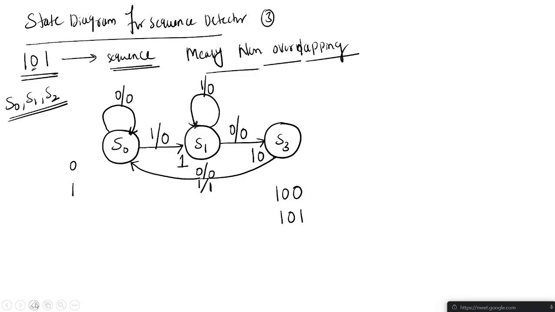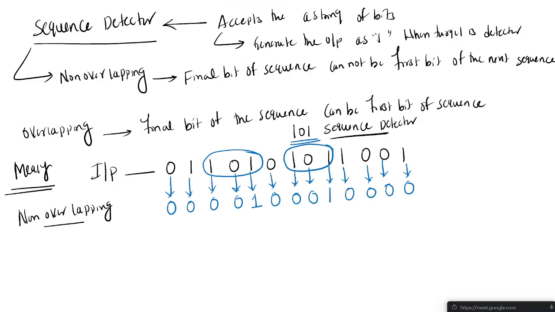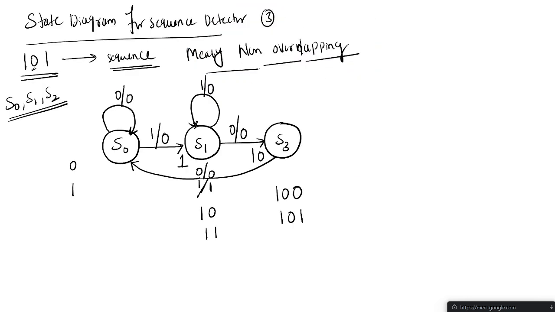Did you understand this? 1, 0 and 1, 1. If it is 0, it will go to the initial state, S0. If it is 1 also, it will go to the initial state. Non-overlapping means, as I told you, the final bit of the sequence cannot be the first bit of the next sequence. It will start freshly from the initial state. Did you understand this?